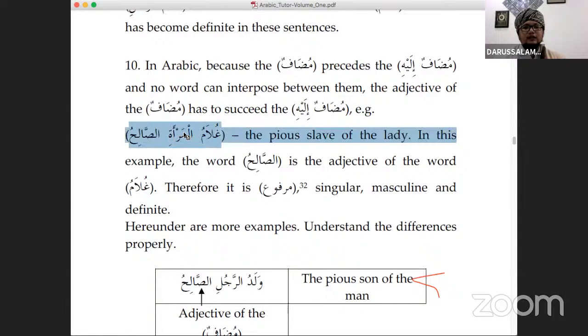Al-mar'ati is the mudaf ilayh, right? So you want to describe a ghulam now. You cannot have a salih in the middle. You cannot say ghulamus salihu al-mar'ati. No. You understand?